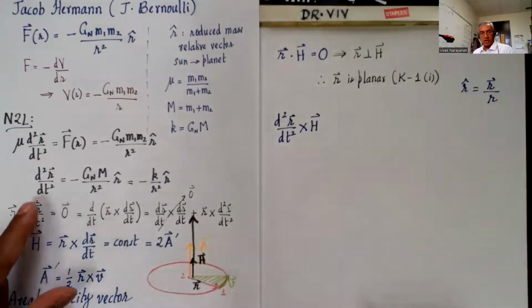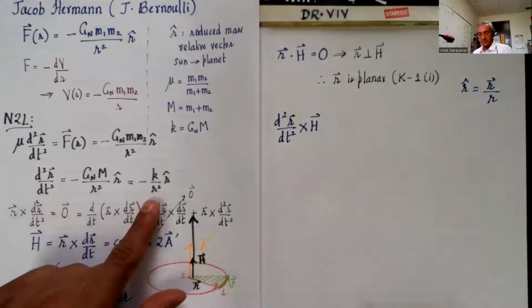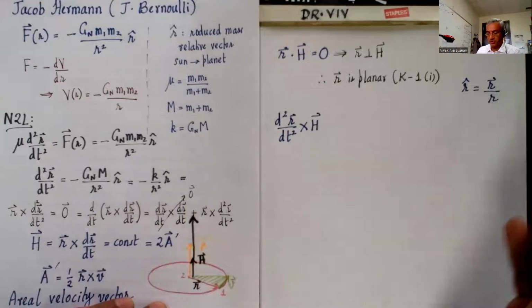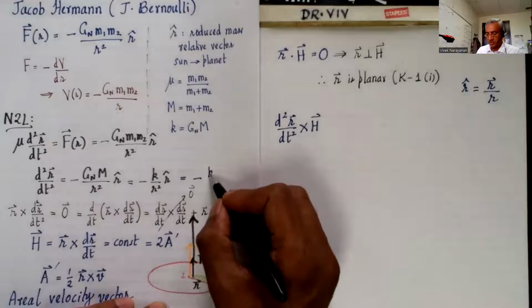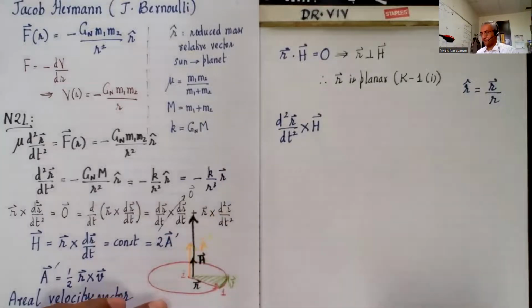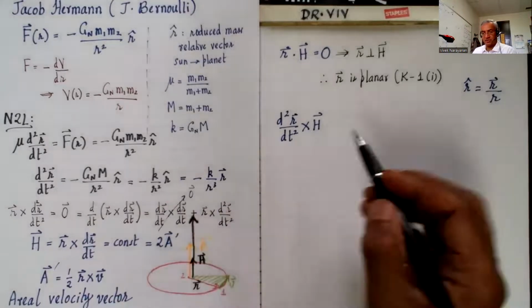Well, because d2r by dt squared is equal to negative k over r squared r hat, which in turn, because of r hat being r over r, is negative k over r cubed r vector, I'm going to use that in here.